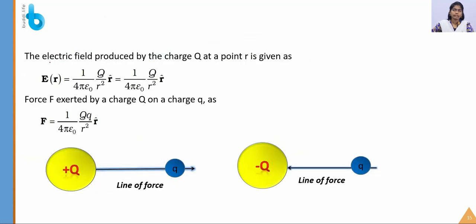Okay, let's see the derivation for the electric field. For example, take a charge plus Q, which is at a distance r from the test charge q. I am taking a test charge here, and this is the source charge.